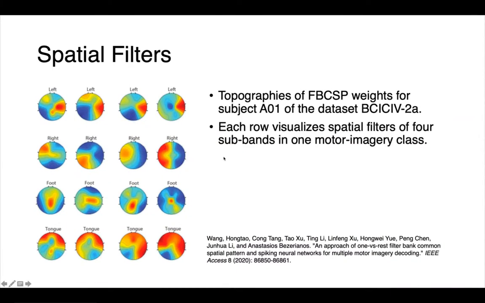So here, this is a visualization of the CSP spatial filters using the dataset BCI Competition IV 2a. And in this example, there are only four frequency bands, from delta, theta, alpha, and beta. And this is the spatial pattern for each frequency band.